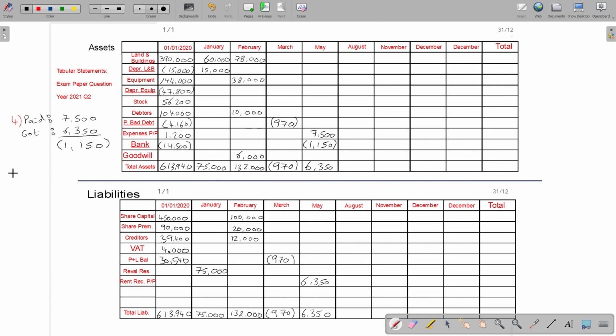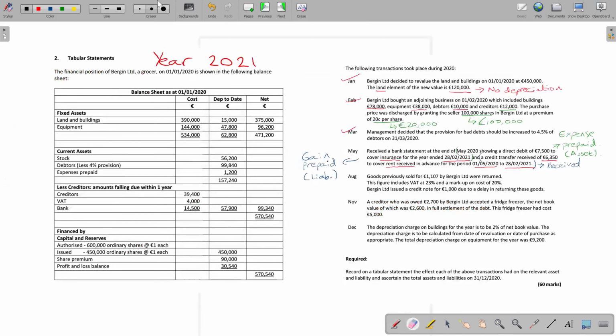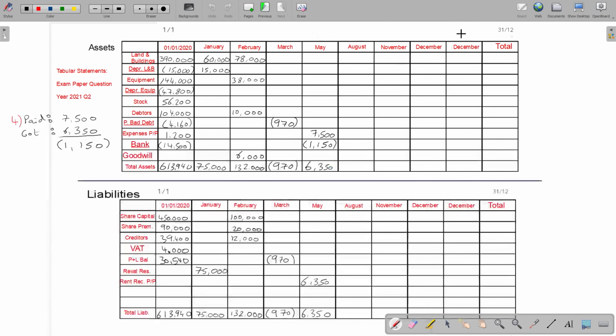So the next step for this, and this is what I think is the hardest of the tabular statements. Because everything's being prepaid, we're going to have to look into the future to December, which is why I've created this part here.